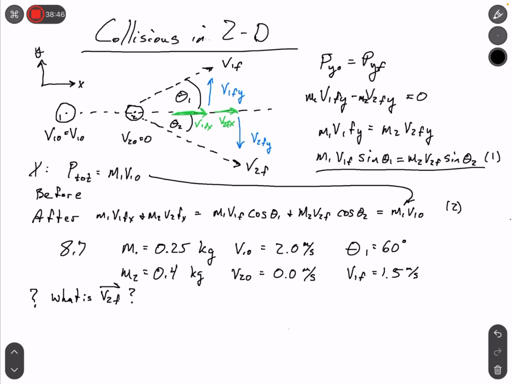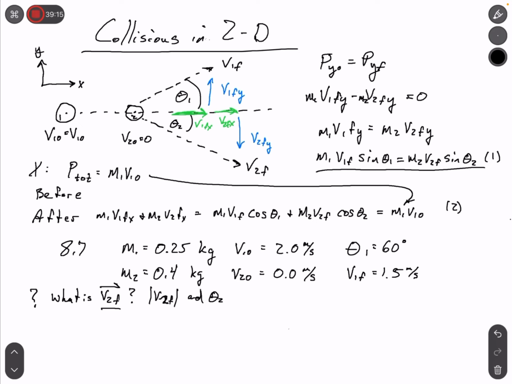So when we say what is V2 final with a little line over the top, that means we need to know the magnitude of V2 final. So we want to know V2 final magnitude and theta 2. So once we know both those things, we'll know the magnitude and direction, which is essentially what we need for this.